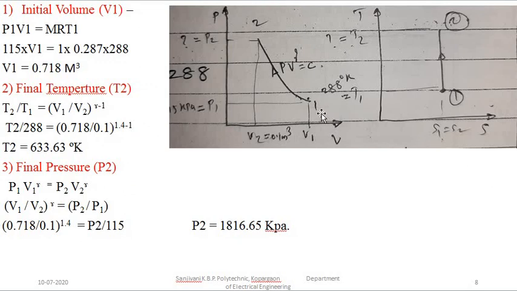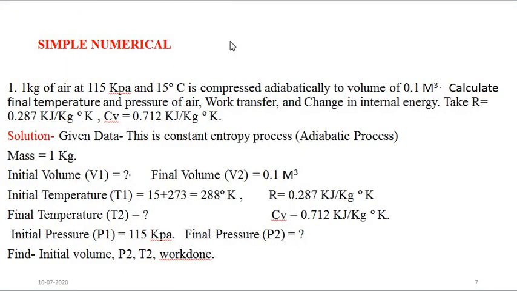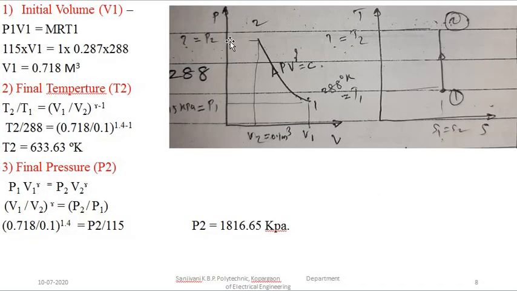Now we are representing this particular problem on PV and TS diagram. So this is a problem of compression process, adiabatic compression. So our state point is located here on the PV diagram. We are compressing this particular gas up to the state point 2.